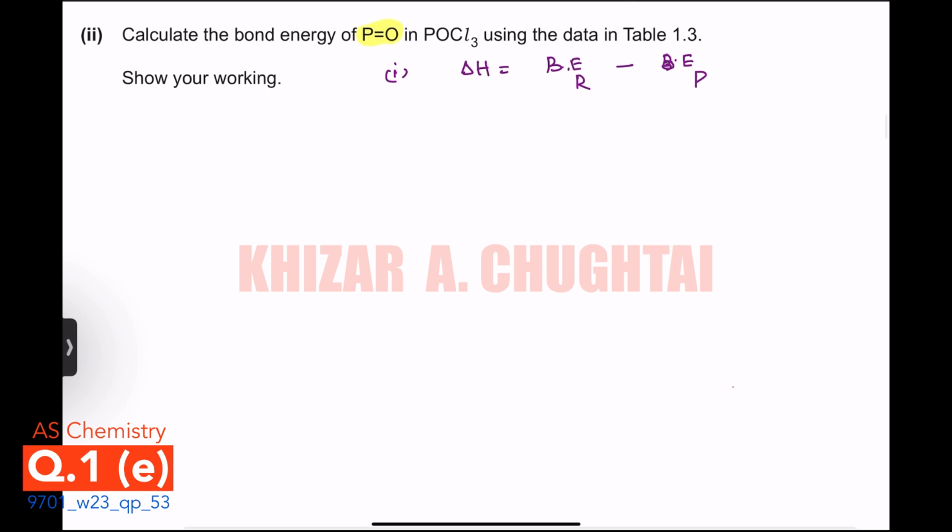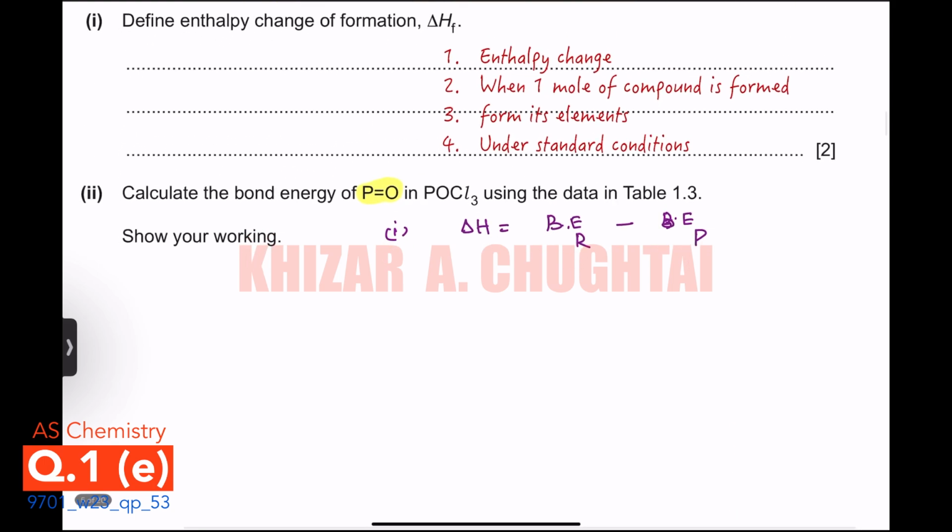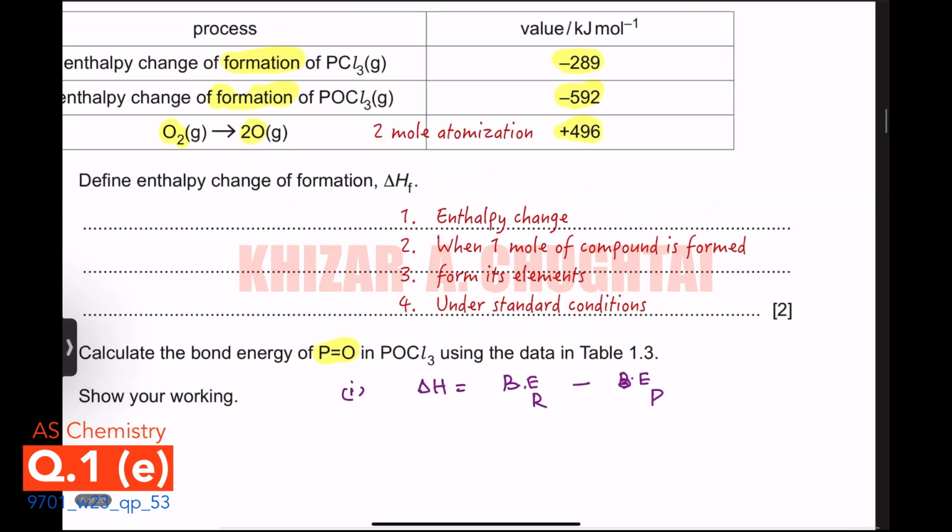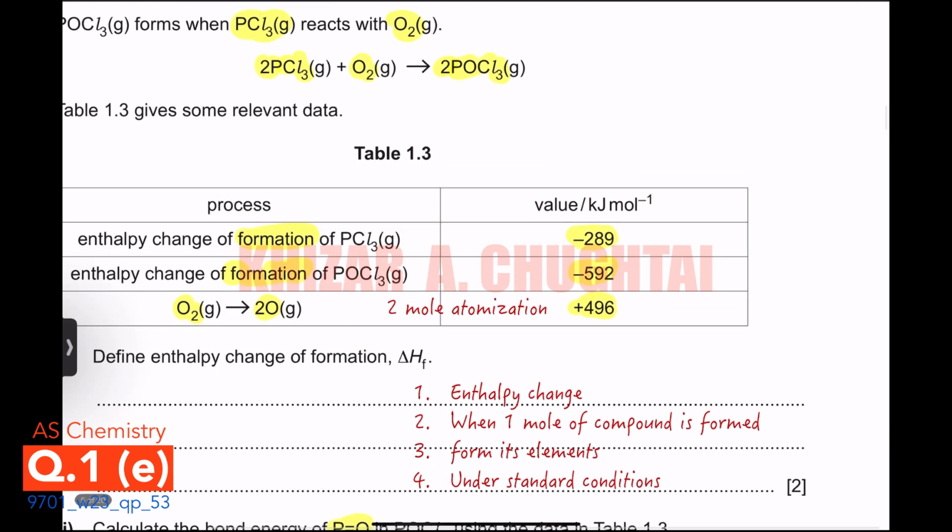So in this case, if they are asking to find the bond energy of PO that is lying on the product side, POCl3, the first step is to make POCl3's displayed formula, and PCl3's displayed formula is this one, PCl3.